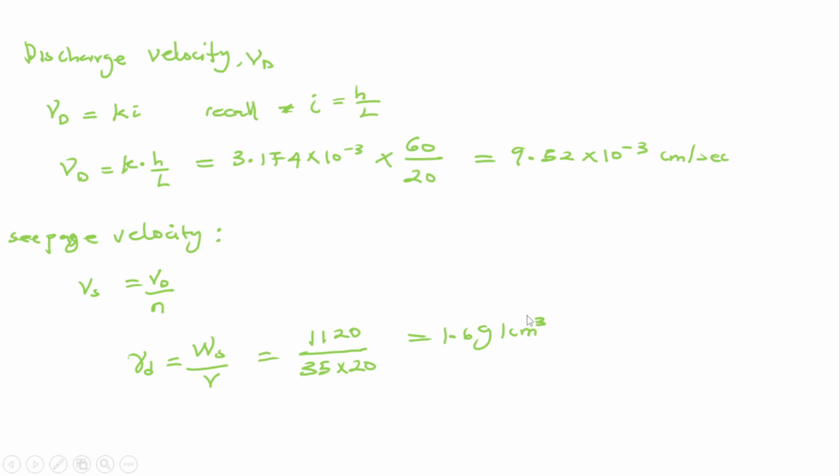Wow, that was beautiful. So let's move to another slide. Again, we have this relationship that relates dry density to void ratio and specific gravity: the dry unit weight equals the unit weight of water times specific gravity over 1 plus void ratio.